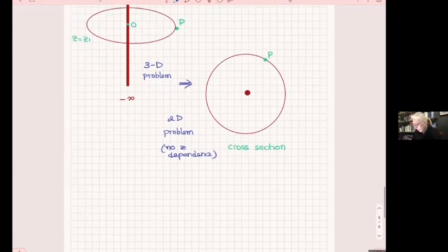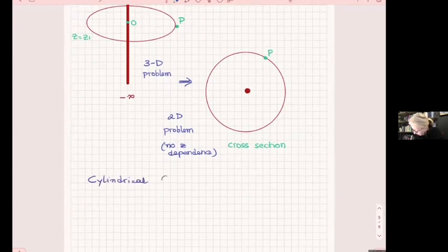In such a reduction, the cylindrical coordinate system reduces into a polar system.